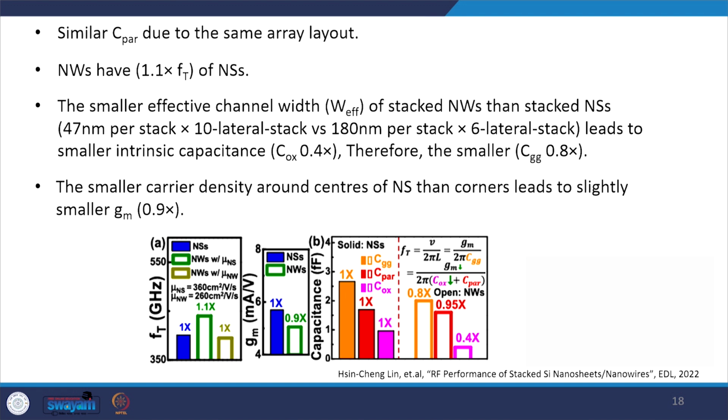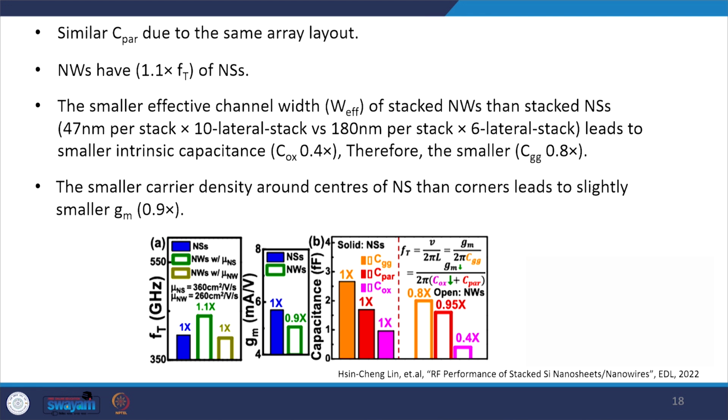Now, the problem, however, is that as you make the area layout change, your parasitic capacitances also change in that manner because of the non-planarity of the structure. Nanowires typically have 1.1 times, or 110%, more FT as compared to nanosheet FETs.